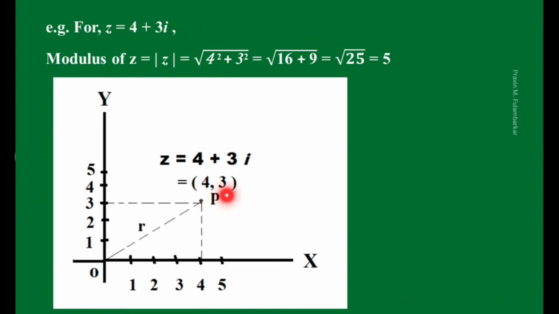Now when we represent that point on a graph or plane, that point P is at a distance of 4 units on the x-axis and 3 units on the y-axis. When we calculate the distance of that point P from O, that is the distance of the complex number from the origin, that is r. So this is the modulus; the value of r is the modulus of that complex number.